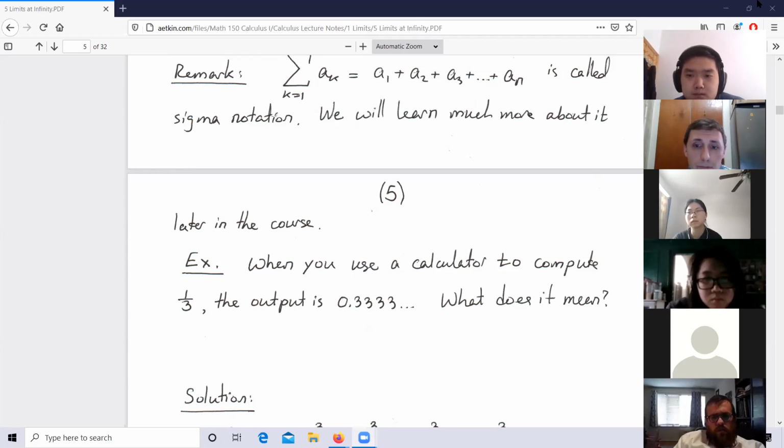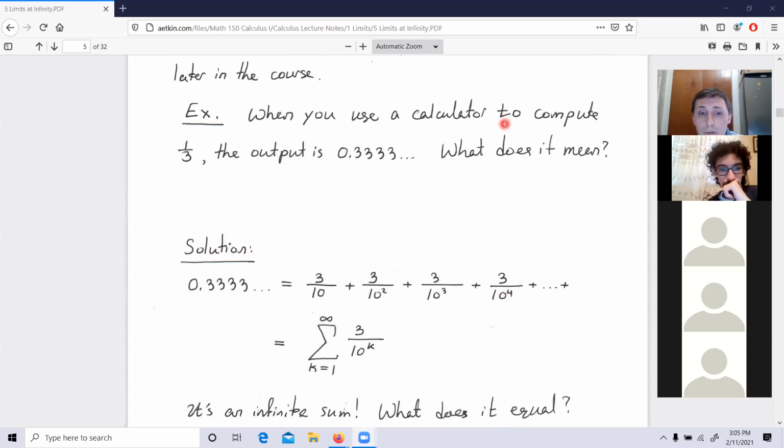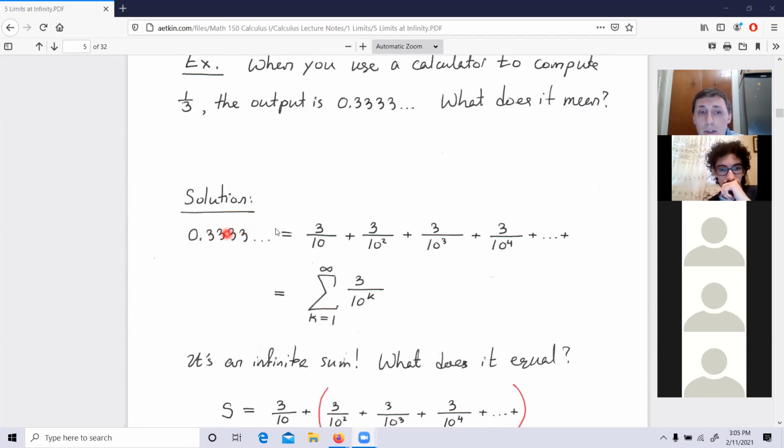3 over 10. Yes, and then the next one is 3 over 10 squared, and the next one is 3 over 10 cubed. Okay, guys, we do need to work on your knowledge of numbers here. So look at it. It's 3 over 10 plus 3 over 10 squared plus 3 over 10 cubed plus 3 over 10 to the fourth.